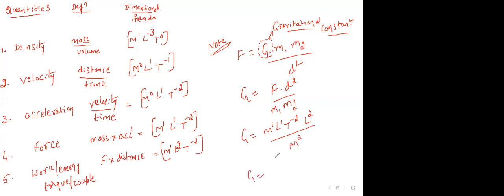If I take this M power 2 to the numerator, it becomes M power minus 2. Already 1 is there, so M power minus 1, L power 3, 1 into 2, and T power minus 2. So the dimensional formula for gravitational constant is M minus 1, L power 3, T power minus 2.